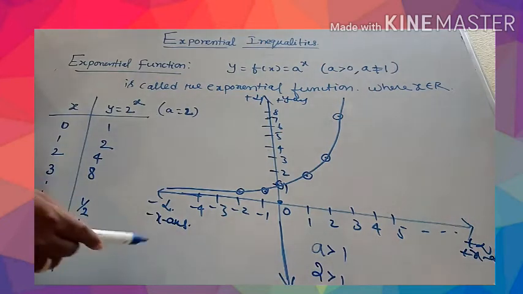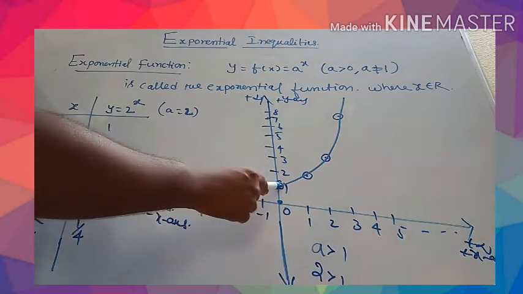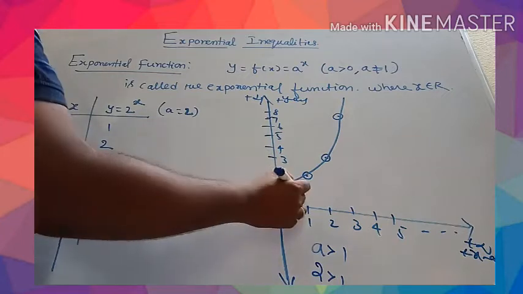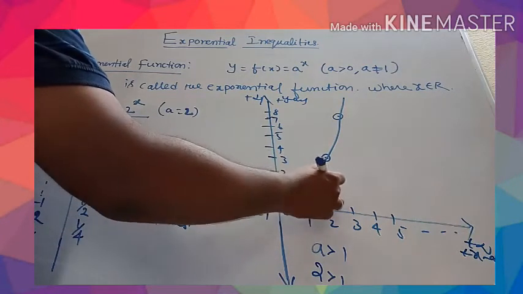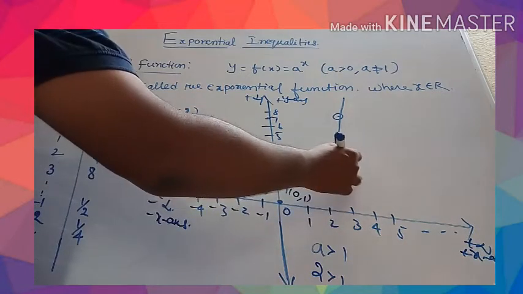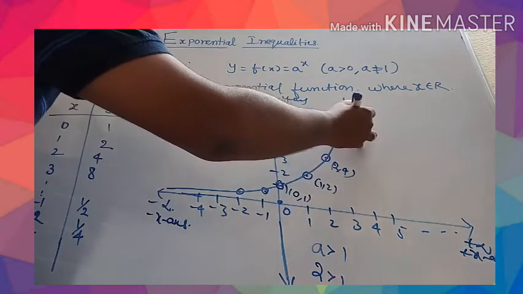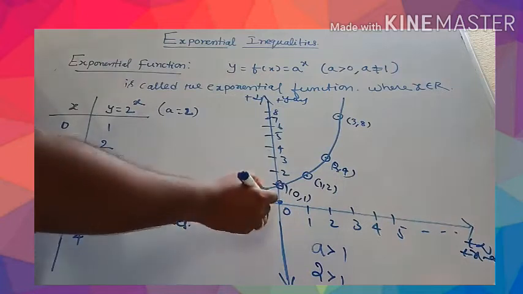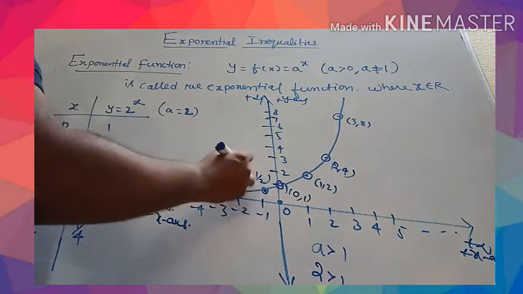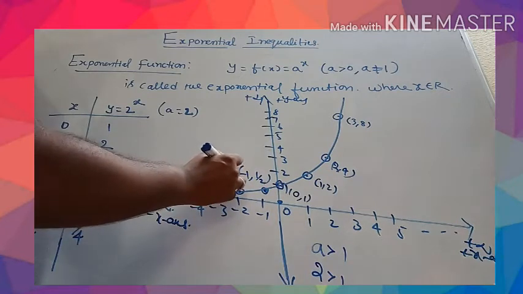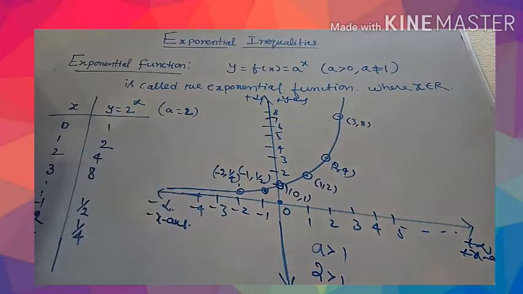Now let us plot the points. When x is 0, y is 1. This is the point (0, 1), this is (1, 2), (2, 4), (3, 8), and here (-1, 1/2) and (-2, 1/4).